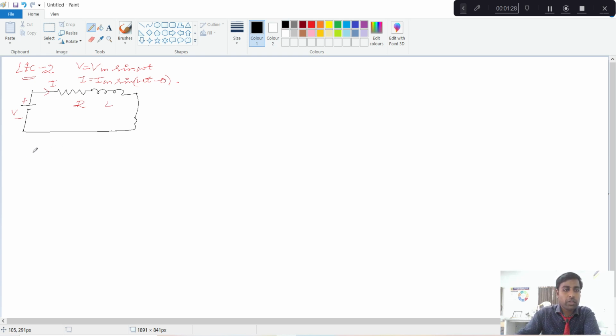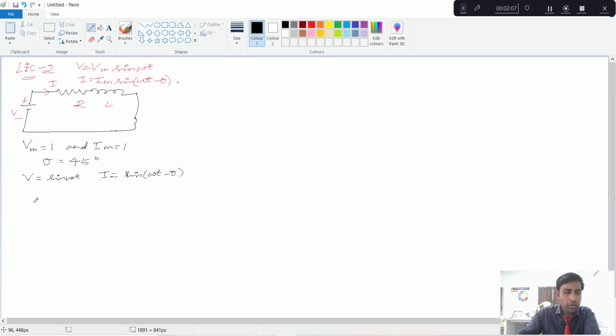Now, for easy calculations, I am taking Vm equal to 1, Im also as 1, and theta as 45 degrees. So my equation now will be V equal to sine omega t, and my I expression will look like sine of omega t minus theta.